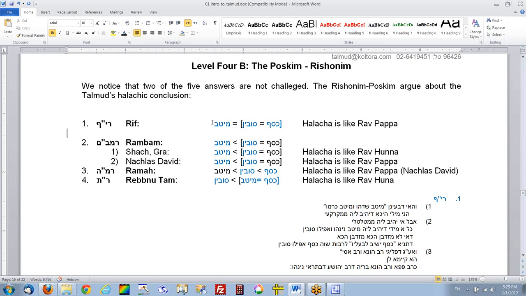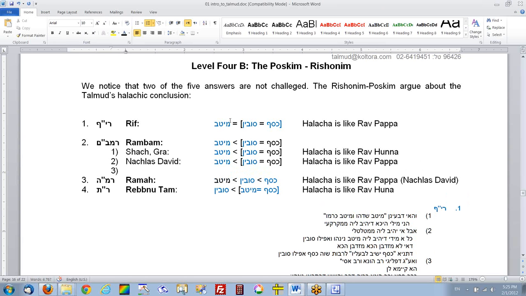He holds that all three things are equal. The mazik can pay back in Kesef, Subin or the best of his land. The Rambam, however we're going to explain him, says that you must give Kesef or Subin first, and if you don't have them, then you can give Meitav.